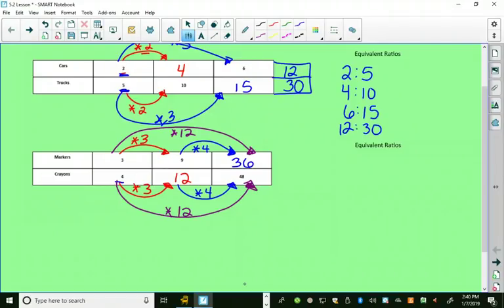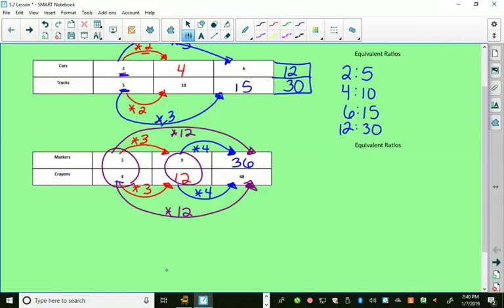So it didn't matter if I went back to the original 3 to 4, or if I continued on from the 9 to 12. I just needed to find those missing values. Sometimes you can continue to jump, and sometimes, like our first example, you want to go back to that first one because you're not sure what you're multiplying to get to the next value.